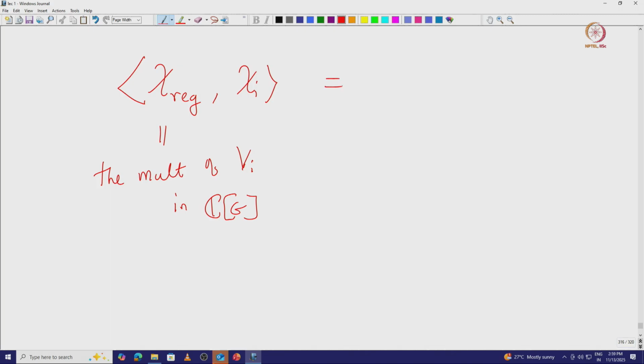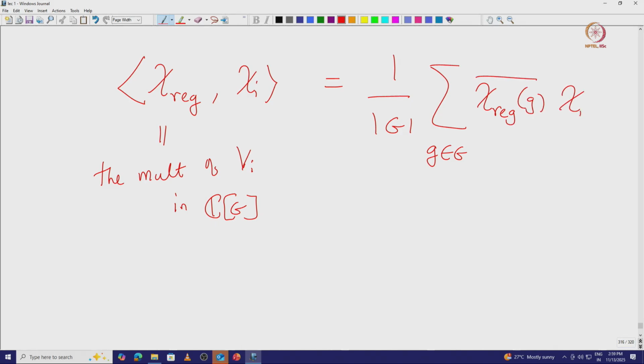By definition you can compute this inner product explicitly. This is exactly equal to 1 divided by the cardinality of G, summation over G in G, of chi regular of G times chi I of G bar. This equality is by definition. Now we know that chi regular of G is either the cardinality of G or 0 depending upon G being identity or not.